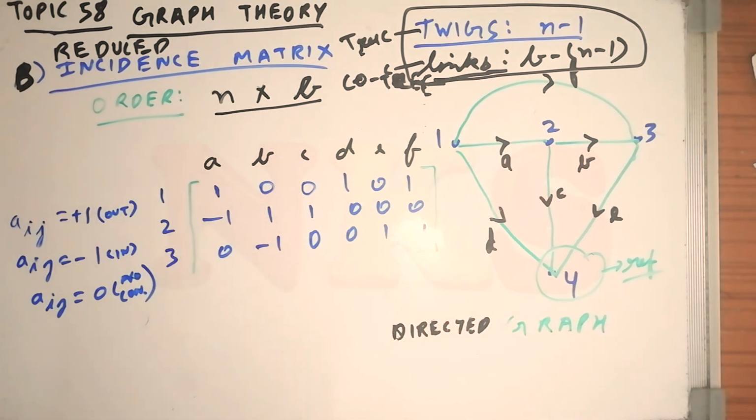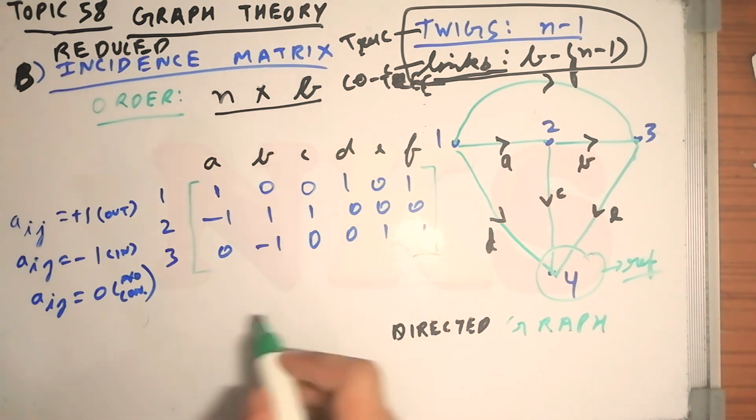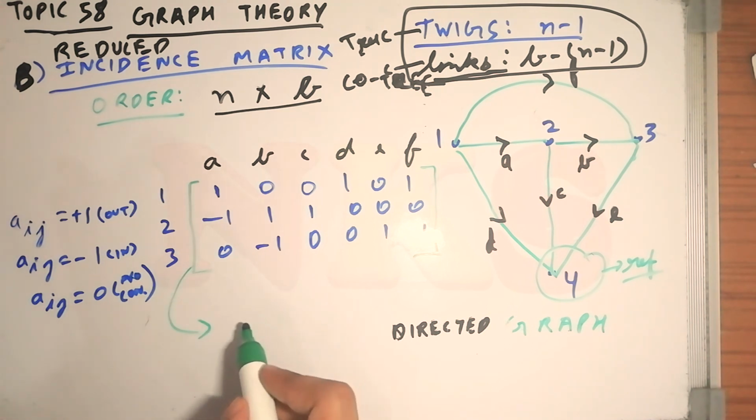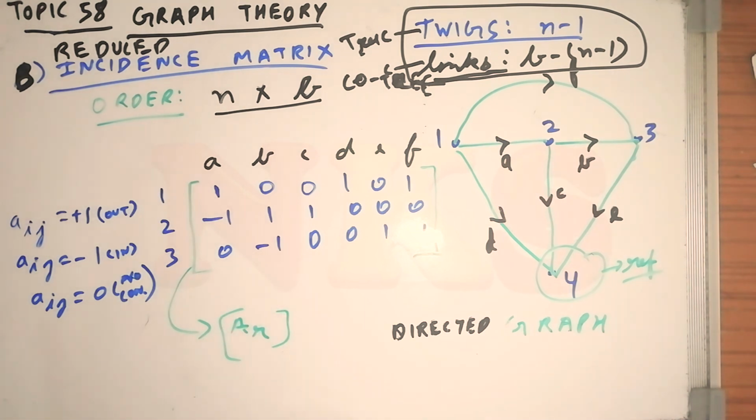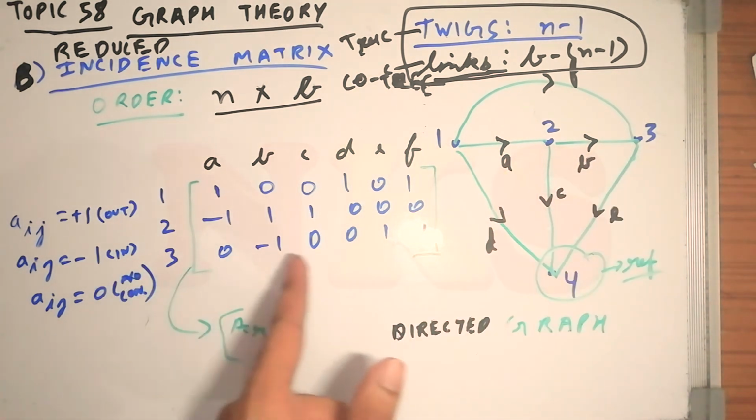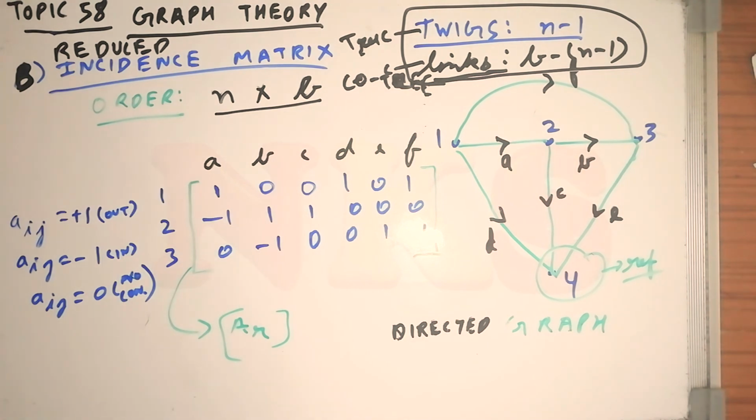So now my reduced incidence matrix is this. If the incidence matrix was denoted by A, then this matrix is denoted by AR. That is the reduced incidence matrix. If you had assumed the third node to be the reference, then the third row would have been eliminated. So that was my reduced incidence matrix.